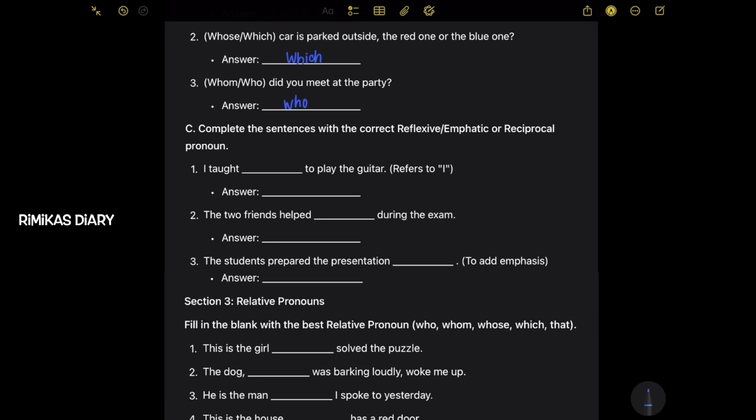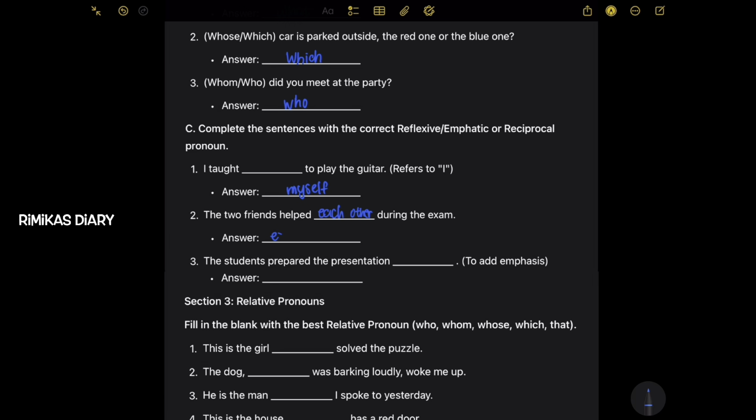Complete the sentences with the correct reflexive, emphatic, or reciprocal pronoun. I taught dash to play the guitar. So the answer is myself. The two friends helped dash during the exam.